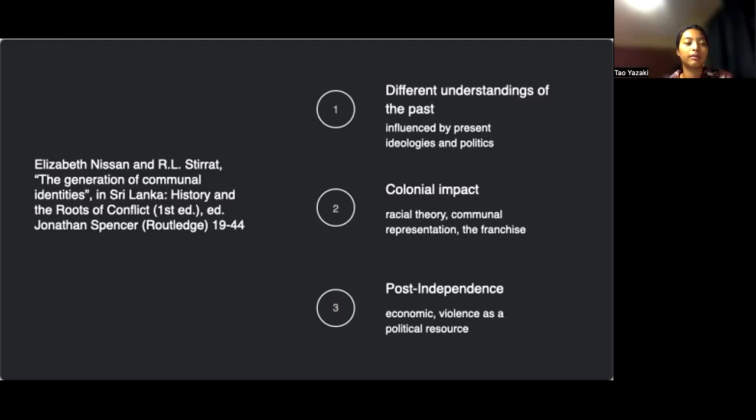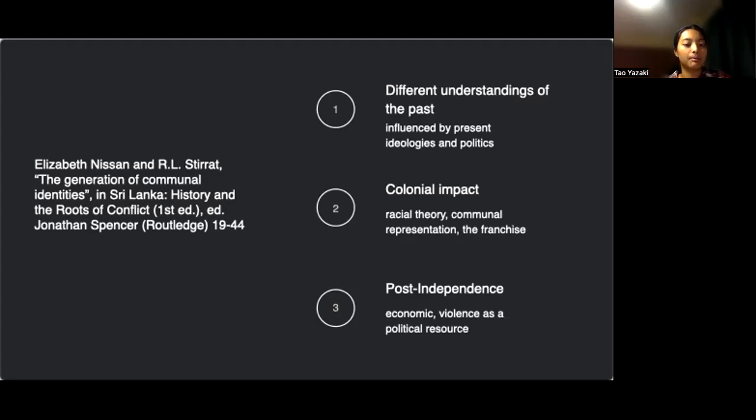First, they encouraged representation through your community rather than your geography, for example, your territorial claims, and the franchise, which is the vote. They changed their policy later on, said one person gets one vote, and how this affected the current racial relations and how this might have strengthened the identity of a community.